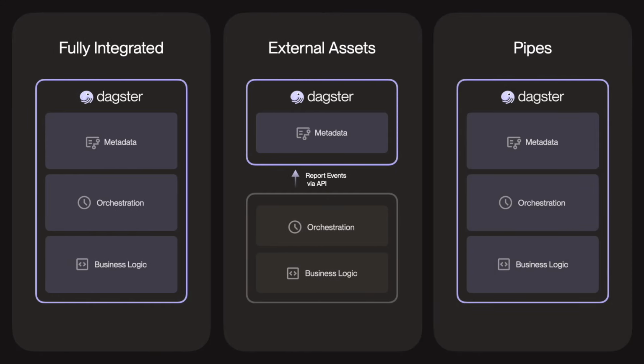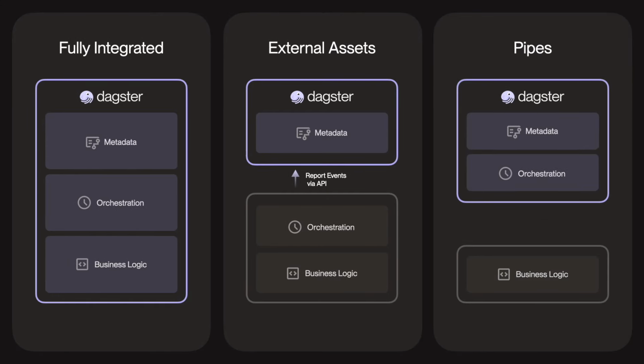Next, we have pipes. Just like how external assets separated metadata from orchestration, what pipes does is provide a clean separation between orchestration and business logic. And critically, what this means is that it allows you to launch compute into an external environment like a Spark cluster or a hosted ML runtime or a Kubernetes pod that has a completely different environment, but do so in a way where the computation on the other side feels like a first-class citizen in the Dagster ecosystem.